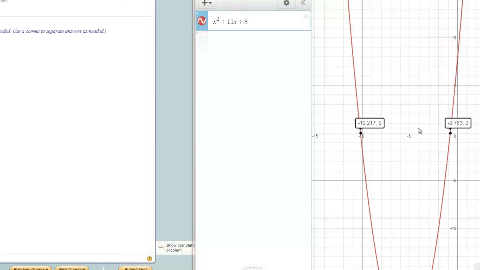As soon as we start to see some crazy decimals, something that can't be written as a fraction or whole numbers, you start to think this probably is not very nicely factorable. Now these are the estimated answers. So this will help us verify our answer after we do the quadratic formula. But it said to use an exact answer, so we have to get the exact one.